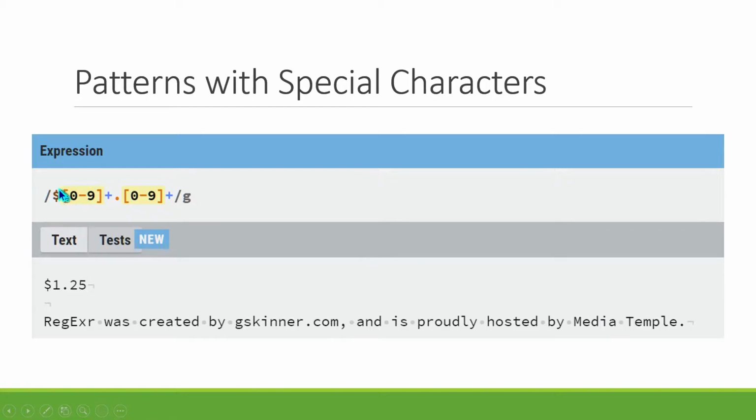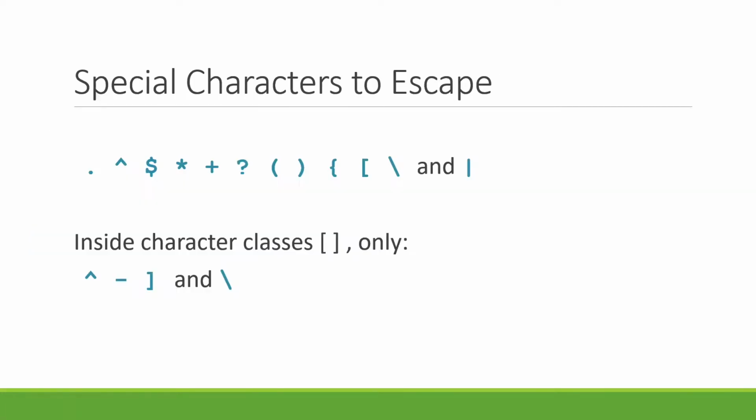So how would we actually add the dollar sign as an actual character that we want to match in our regular expression? Whenever you want to use a special character, you need to escape it, and we escape it using, surprise, surprise, the backslash, just like we do in a lot of other programming languages. So in regular expression syntax, these are the different characters that you'll need to escape, and some of these characters we've learned already, and some of them we're going to learn: the period, for example, and the pipe symbol, and you already know about a lot of these brackets.